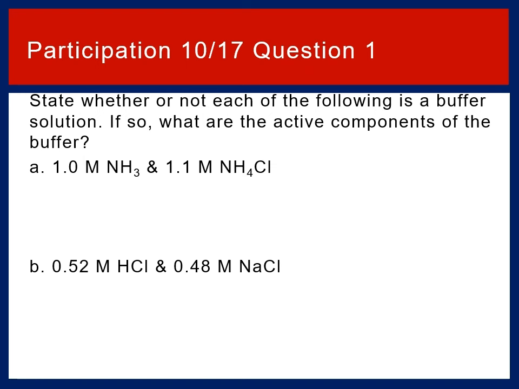This is the first question on participation 1017, due Friday, October 17th at 11:59 p.m. over on Blackboard. Link to the assignment is right below the links to these videos.